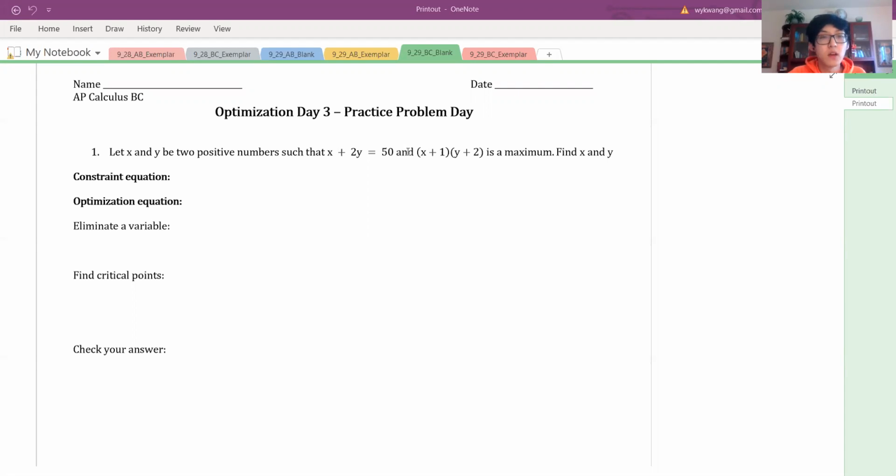Great job. Okay, so I would like for everyone to write this down in their notebooks. You don't have to write down all the words, but just get the idea of the problem. So you can say something like x plus 2y is equal to 50. We want to max out x plus 1 times y plus 2. Something like that gets the entire gist of the problem without writing out all of the words.